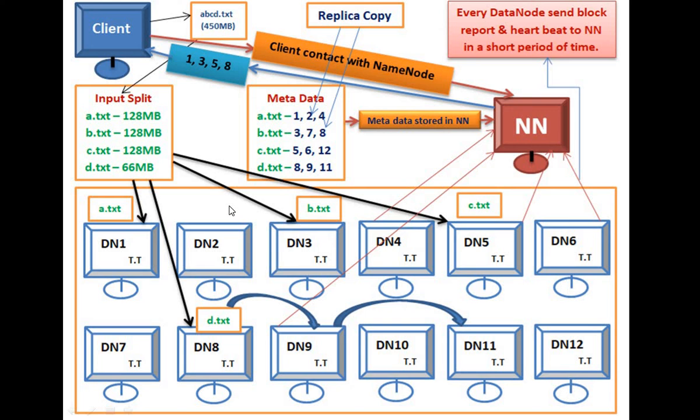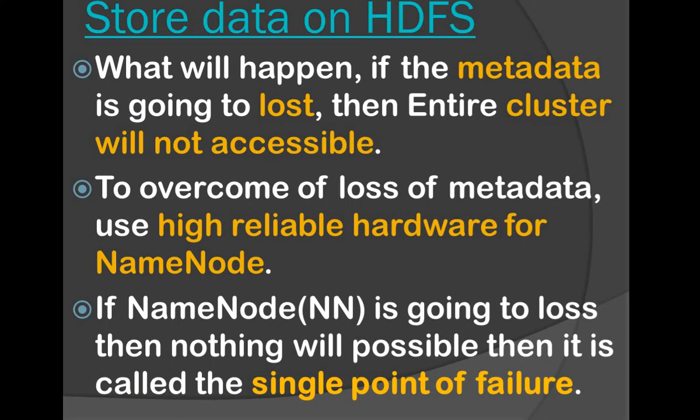So let's see the next thing: what will happen if the metadata is lost, then the entire cluster will not be accessible. As we know, if the metadata is lost, if the NameNode is lost, then we cannot access the entire cluster, we cannot access the entire HDFS, because all the information about the entire cluster is on the NameNode.